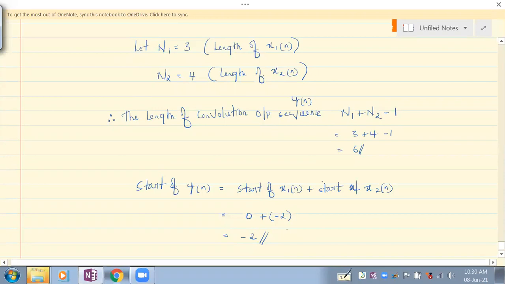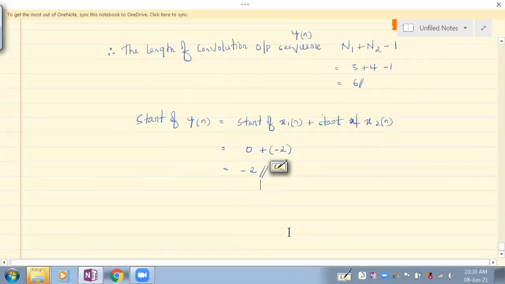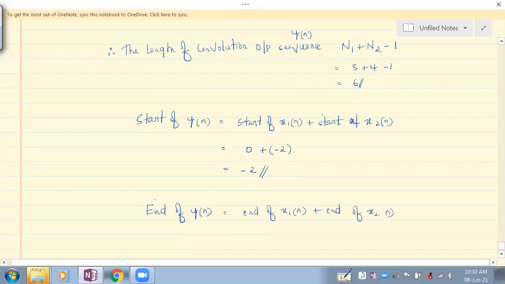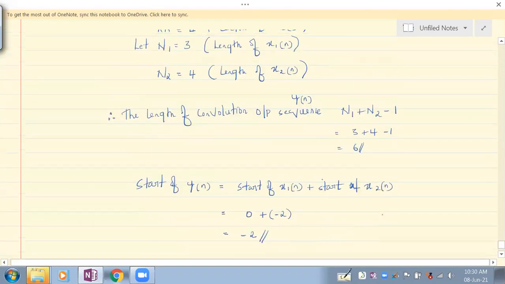Where would y of n end? The end of y of n is the end of x1 of n plus the end of x2 of n. Where is x1 of n ending?